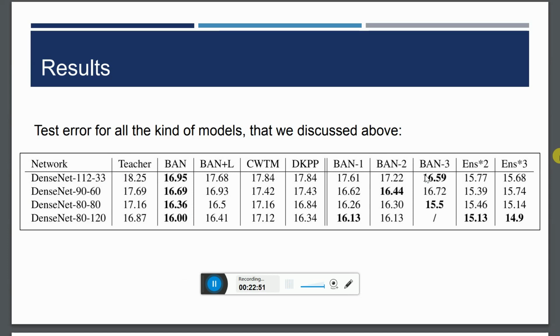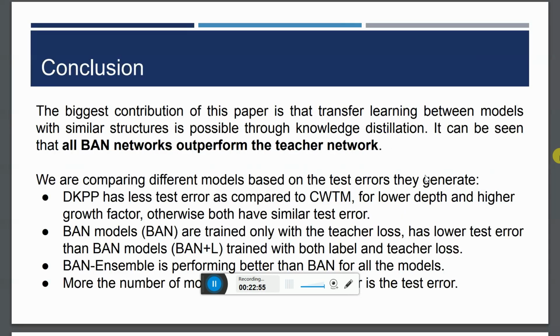So moving ahead, finally we can conclude that the biggest contribution of this paper is that transfer learning between models with similar structure is possible through knowledge distillation, and it can be seen that all the BAN networks outperform the teacher's network. And these are the results we discussed before.